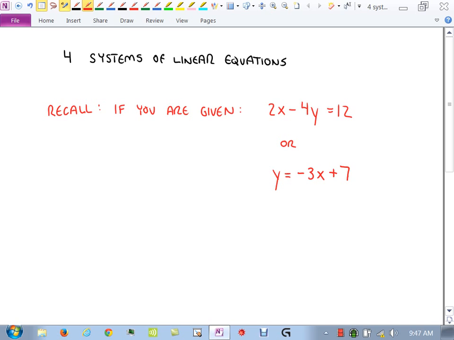That's what we said these were called. So I'll put that next to this. These are linear equations, two variables.